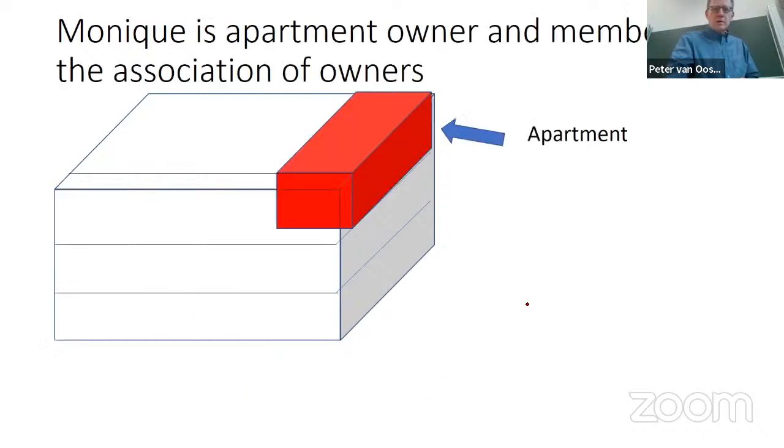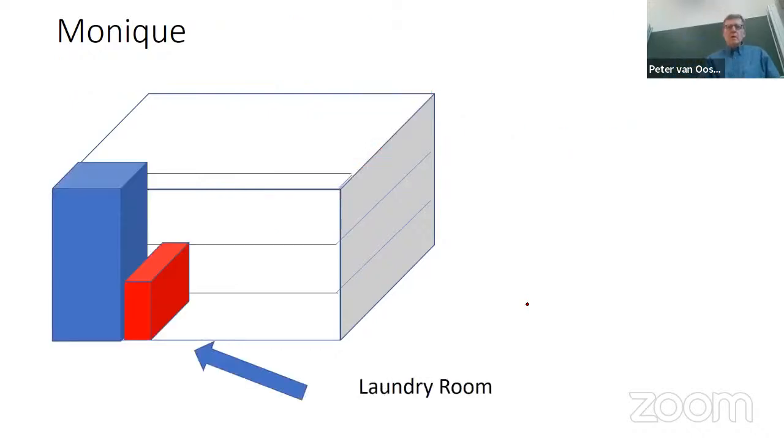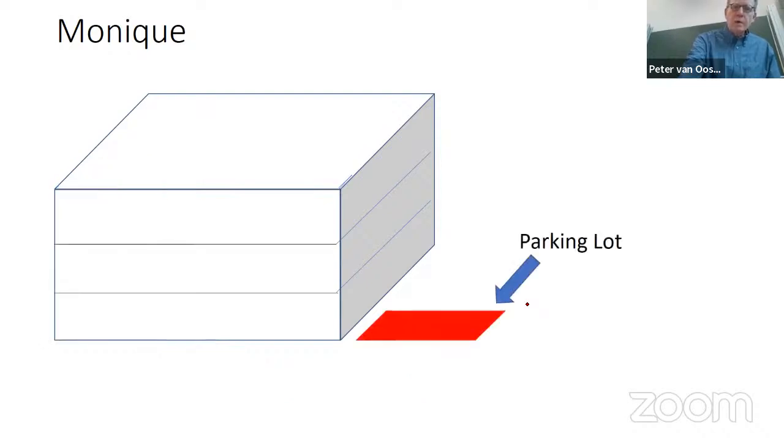And this is owned by Monique, but quite often there's not only the main apartment, but also some related parts of the apartment, for example, the laundry room or sometimes a cellar. In this case, it's the laundry room. And also Monique has a parking lot outside, which is her individual property.